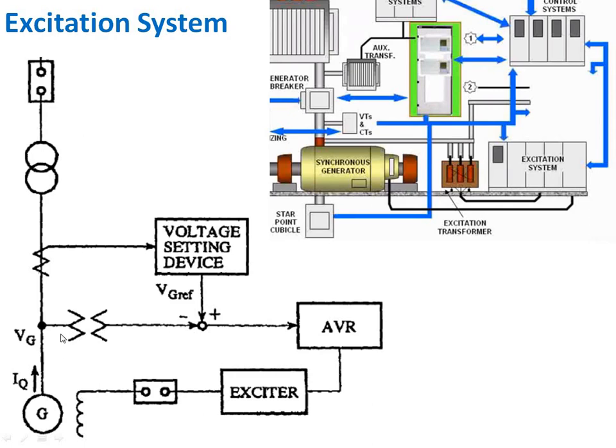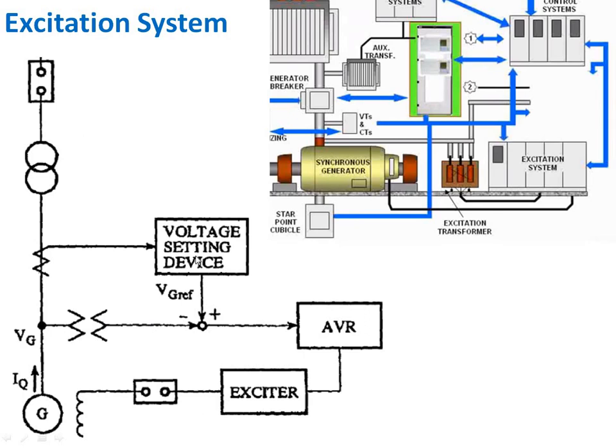Now in this simplified diagram, we will see once again the generator, which will generate the power that is fed to the grid through this station transformer. Before this station transformer, at the output of this generator, the current transformer and voltage transformer, CTPTs, are placed to sense the reactive current of the power generated by this generator, and this PT will sense the generator terminal voltage.